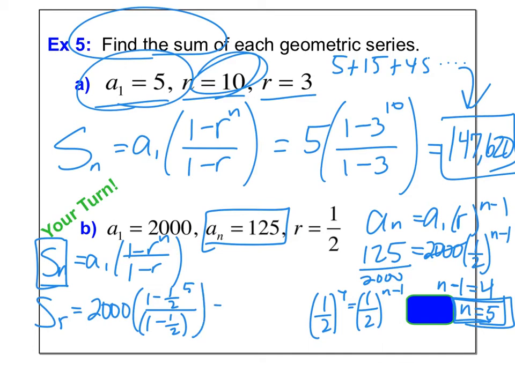And if we go to a calculator, 1 minus 0.5 to the 5th power, that value divided by 0.5, times 2,000, plug it into your calculator, guys, and verify that your answer is 3,875. So there can be tricky situations sometimes.